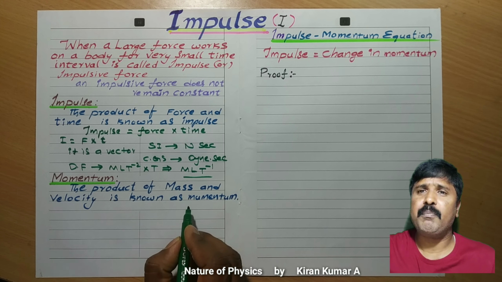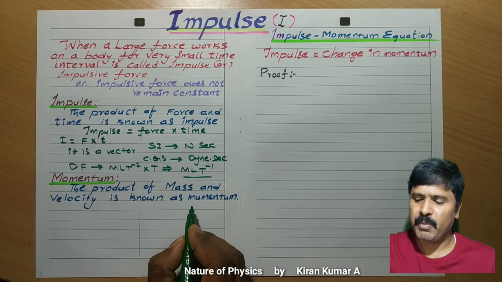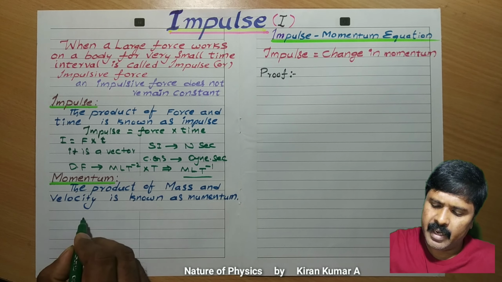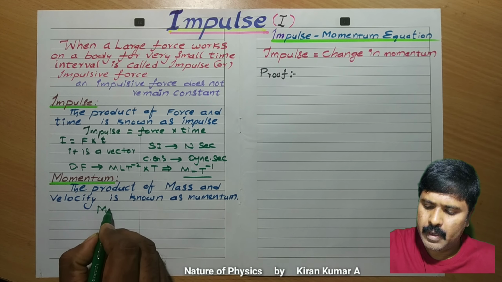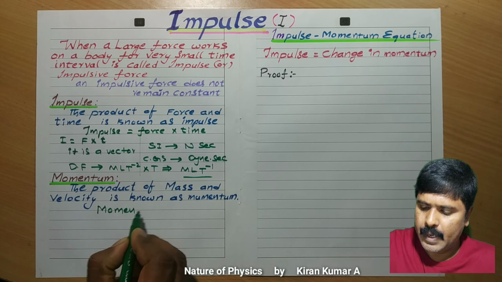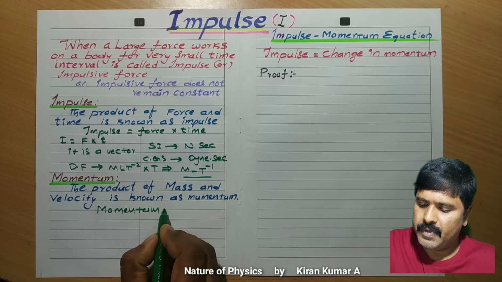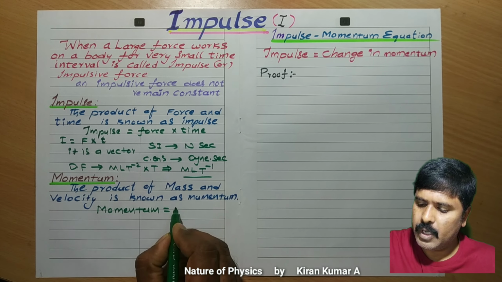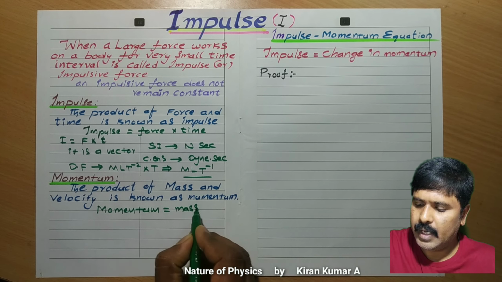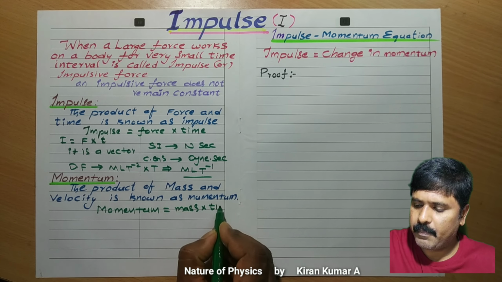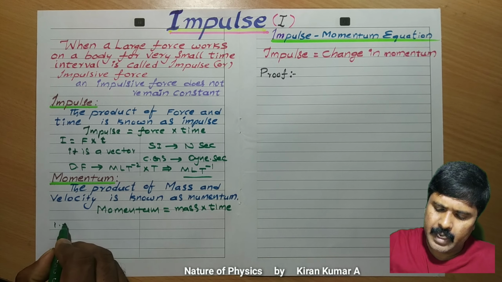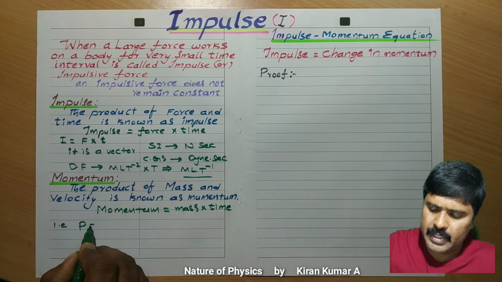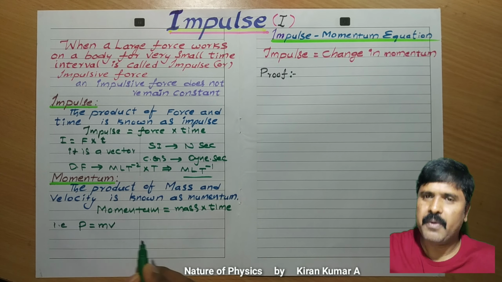Momentum: the product of mass and velocity is called momentum, student. So I can write here the formula, momentum is equal to mass into velocity. Simply, we can write P is equal to m into v.